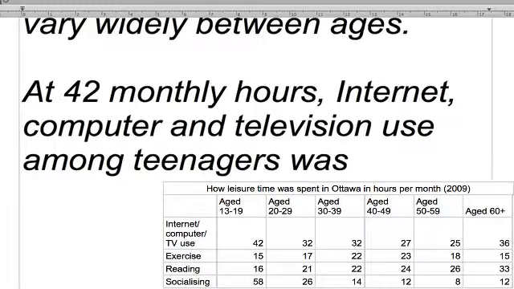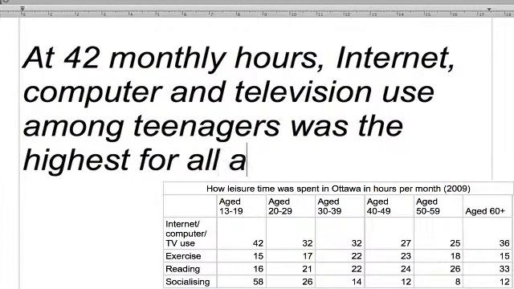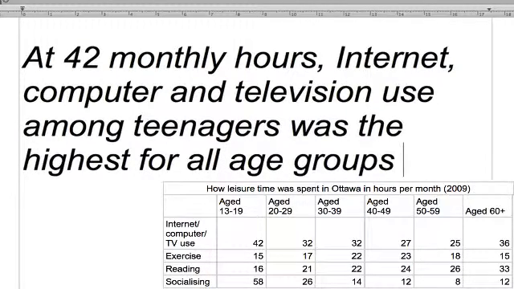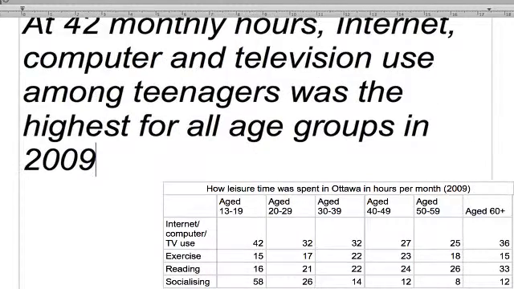It's the highest figure across the 6 different age groups. So was the highest for all age groups in 2009.